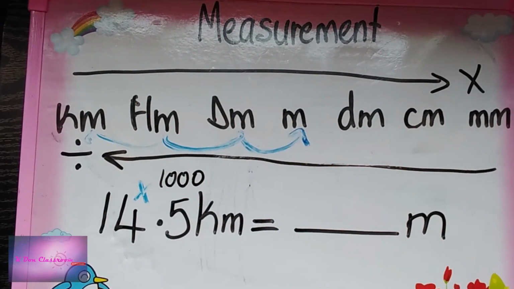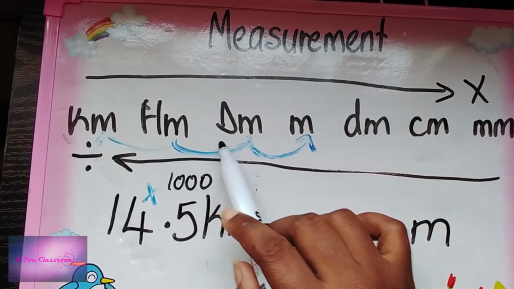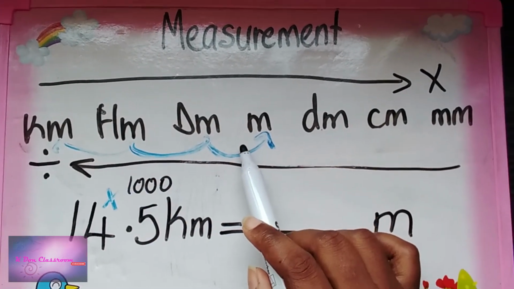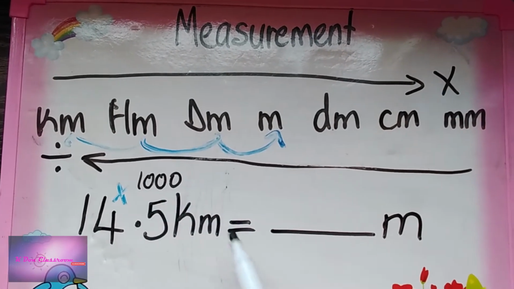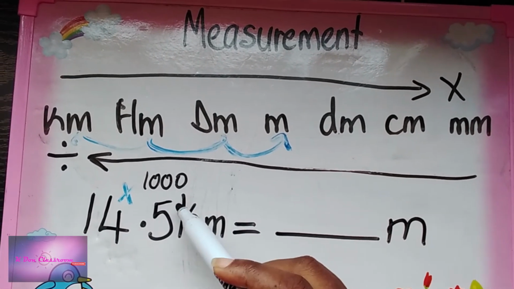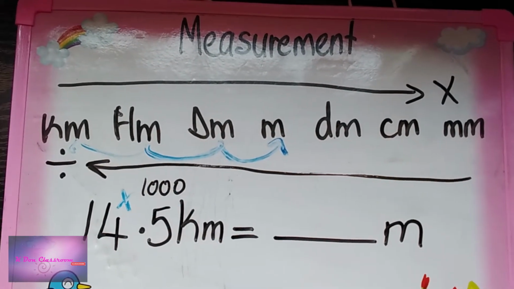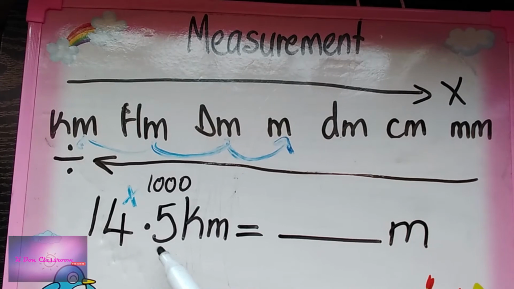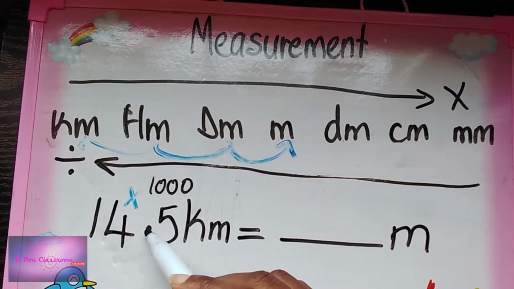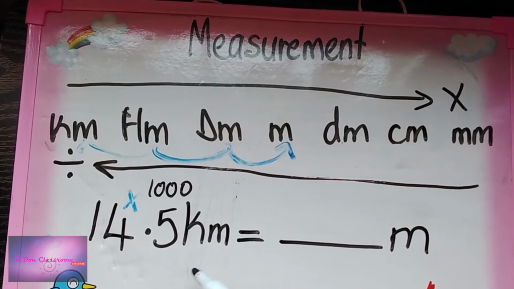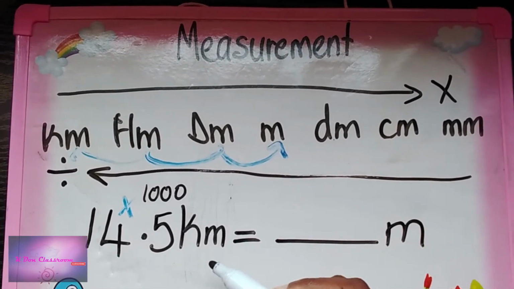So I know that I must multiply by 1000 because we jumped 3 spaces to get to meters. But will I go ahead and add 3 zeros to my number here? No, because this number has a decimal point. And so we need to travel with this decimal point in order to get our answer.